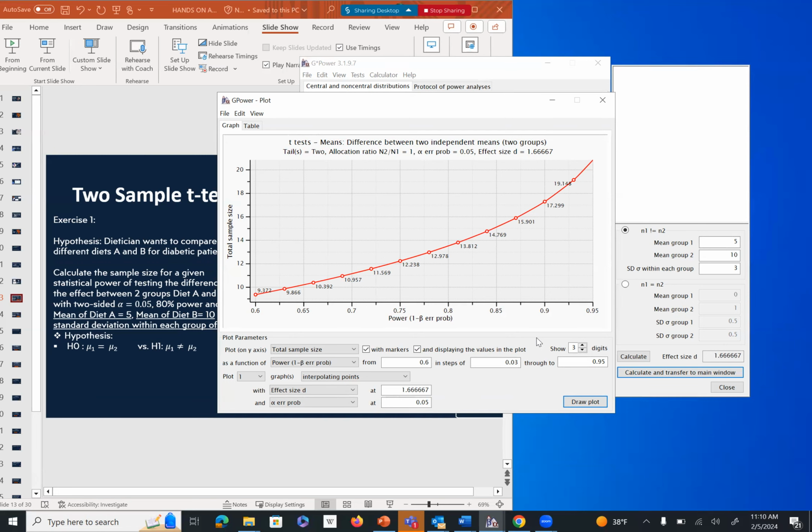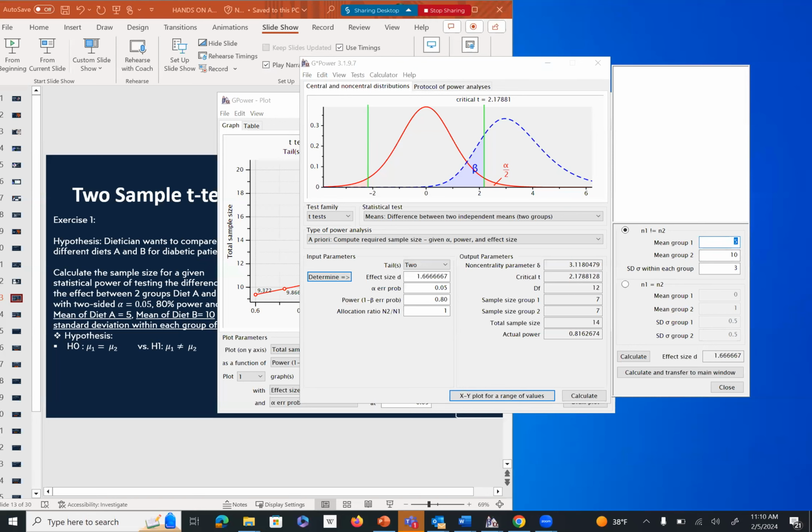Here there's a 5-point change between the means. Let's say you had means of 10 and 20 and a standard deviation of 5. Your effect size changes to a level of 2. So there's a larger difference between the means of the two samples.